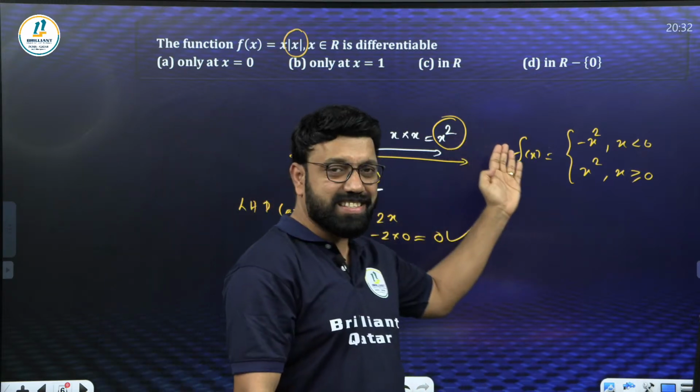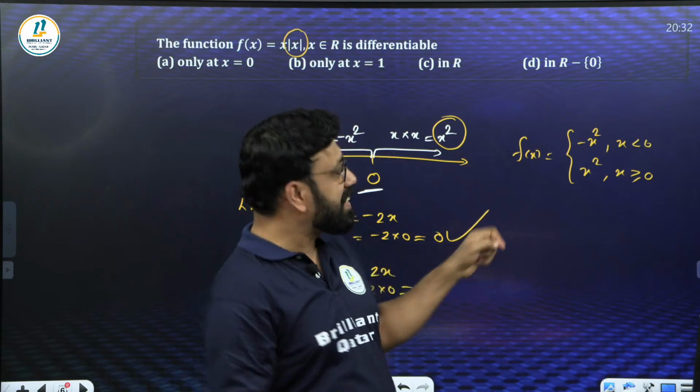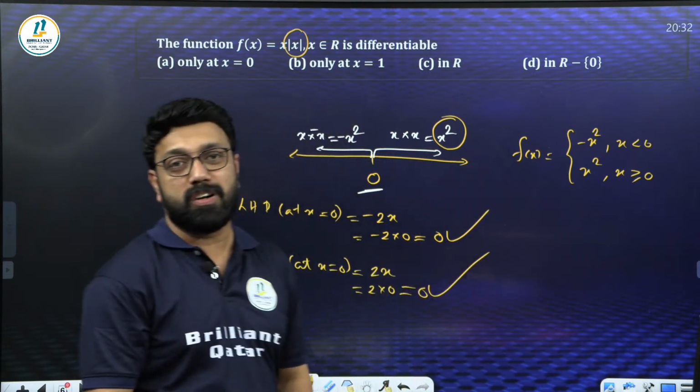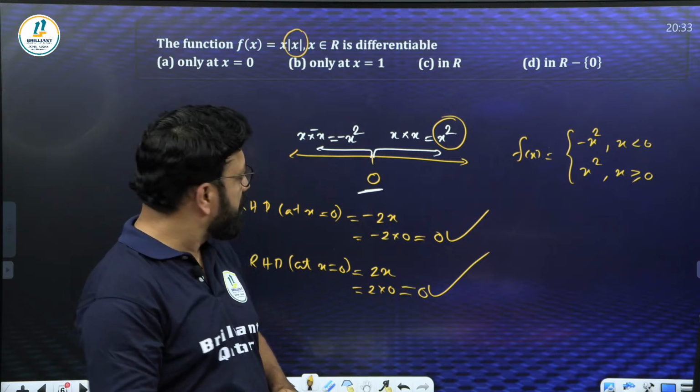Negative x square for x less than 0 is also continuous and differentiable. We want to check at x equal to 0 whether it is continuous or differentiable. Yes, it is continuous, it is differentiable.